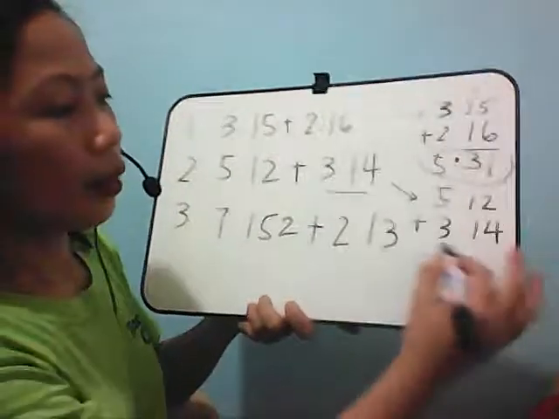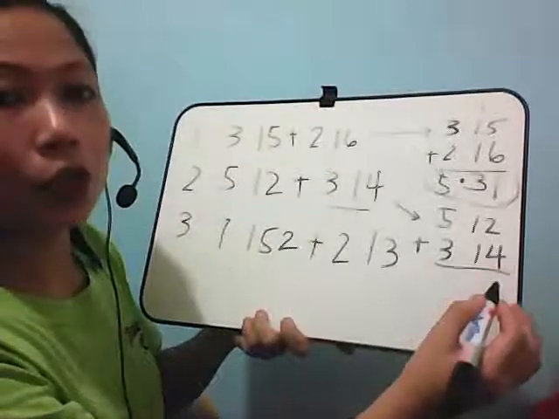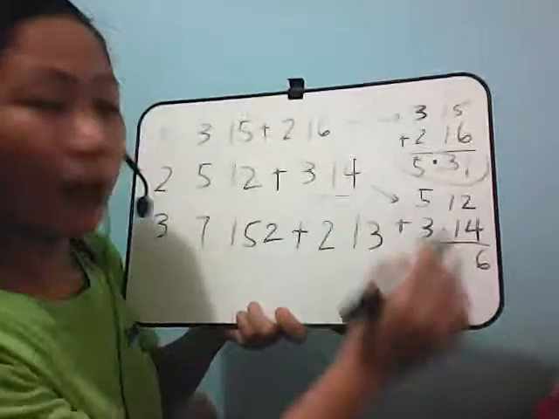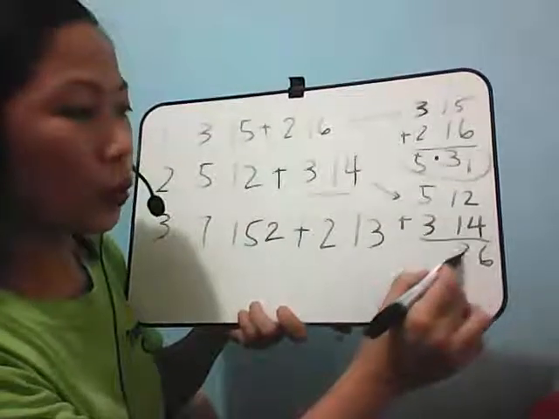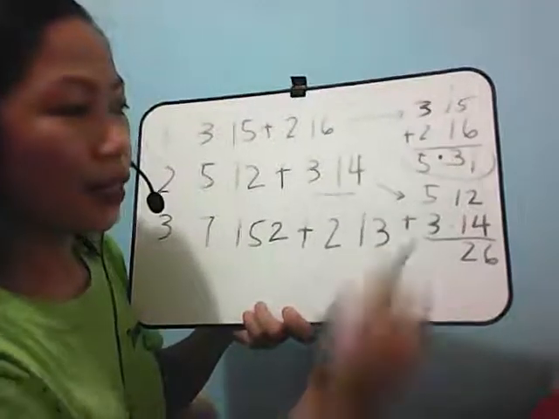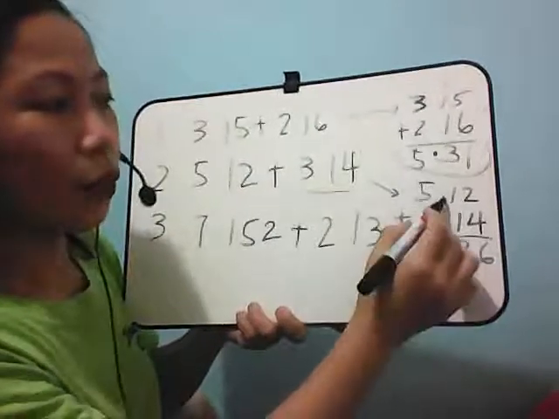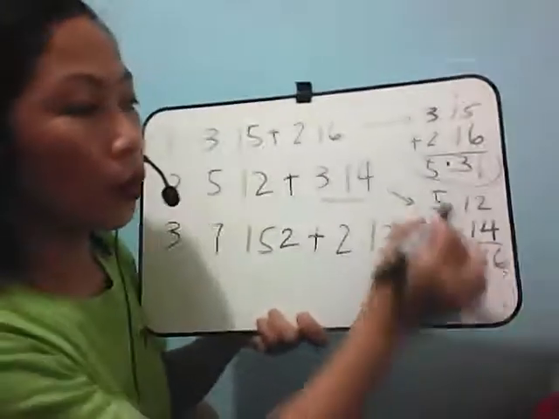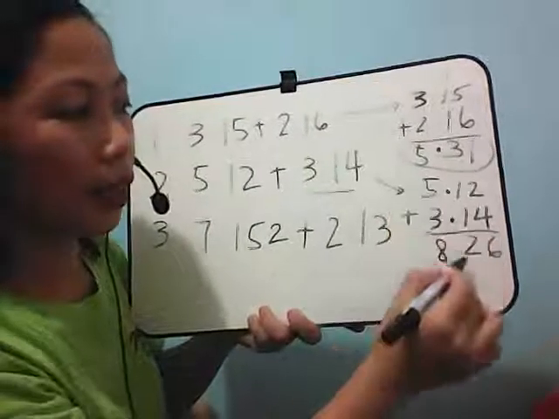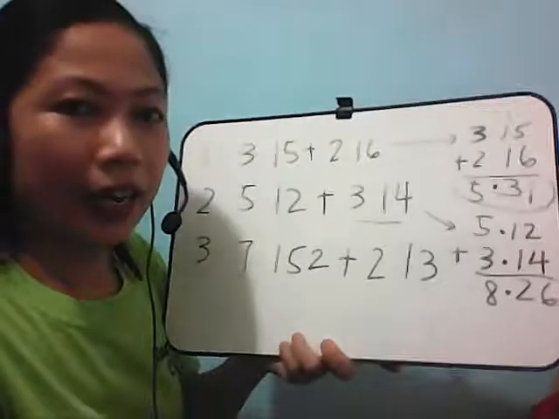Now, let's add. 2 plus 4 is equal to 6. Okay? Then 1 plus 1 is equal to 2. And then 5 plus 3 is equal to 8. Then, of course, don't forget the decimal point. Okay, it should be here. Naka-align po siya. All right?